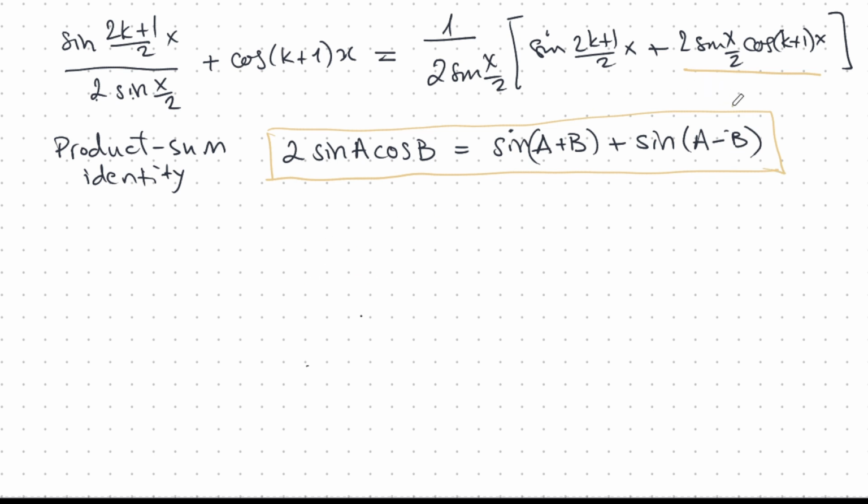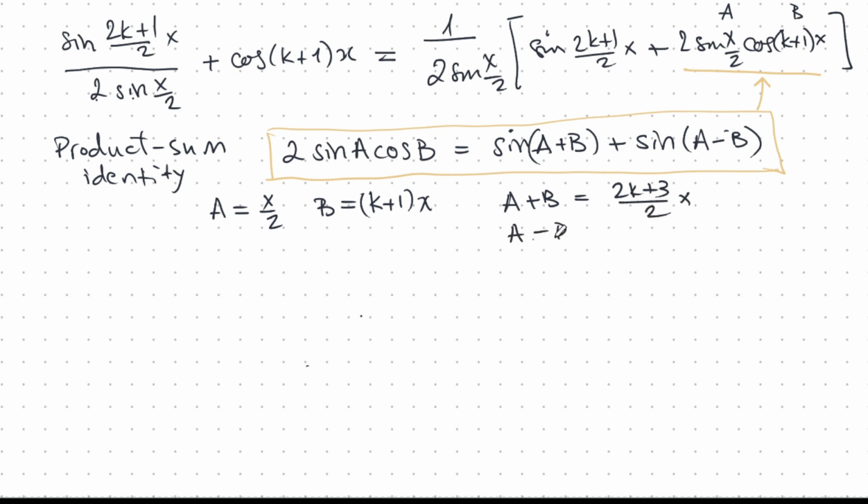And we're going to use this on this term over here. So when A is x/2 and B is (k+1)x, the sum, A plus B, is (2k+3)x/2. And the difference is minus (2k+1)x/2.